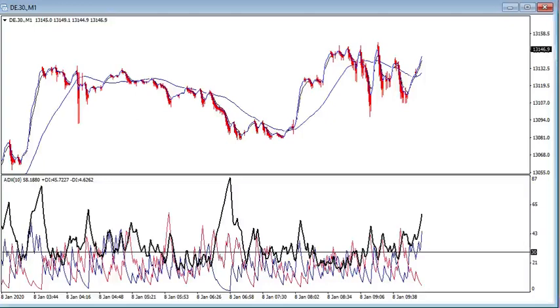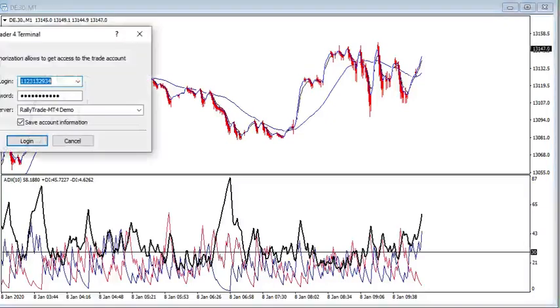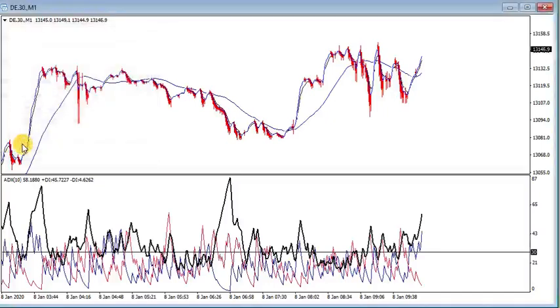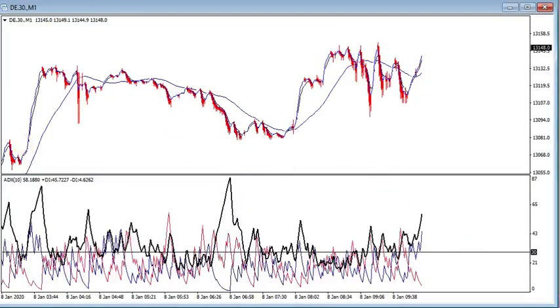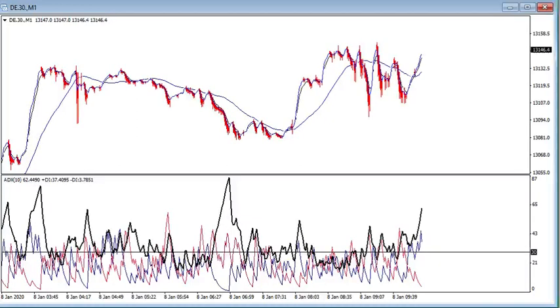I'm trying to get the demo that I used. With this stochastic today, I was able to make the profit I am supposed to make.